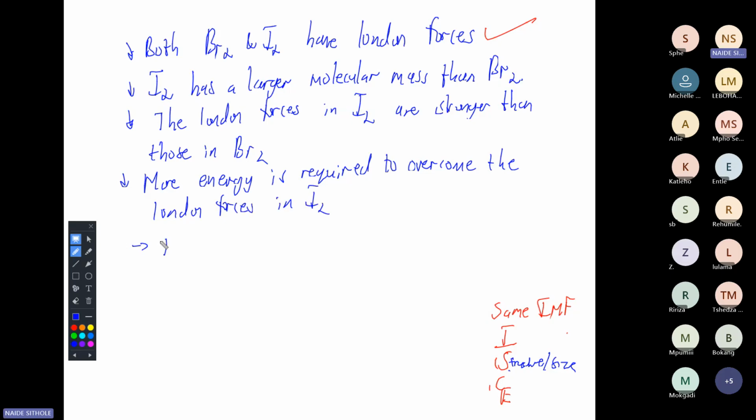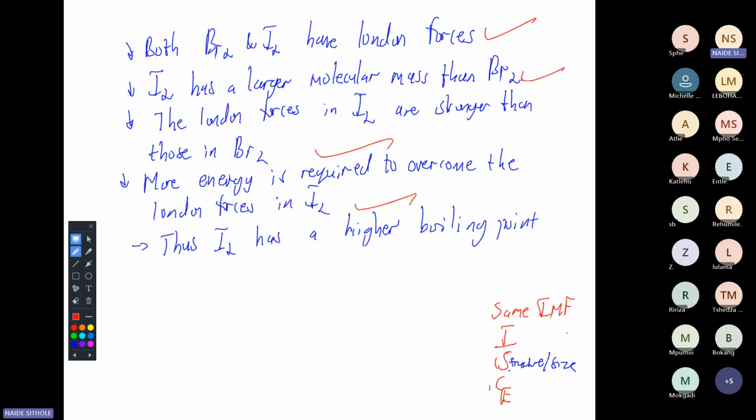And then your final conclusion: does I2 have a higher boiling point? Four points, 4 marks. The last statement is just the final nail in the coffin.